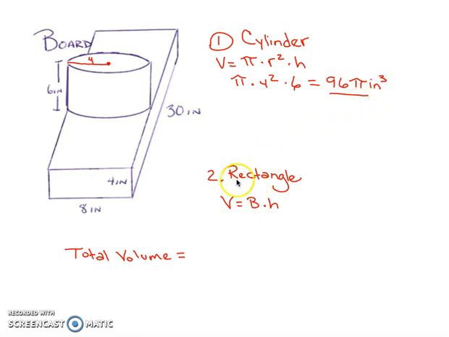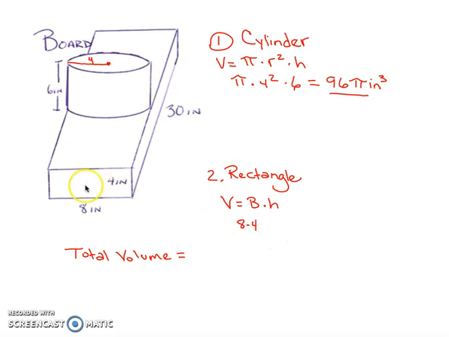Then for the rectangle, this prism down here, I look at this as my base. So volume would equal the area of the base. So capital B times H right here is what we have, which in this rectangle would be 8 times 4.